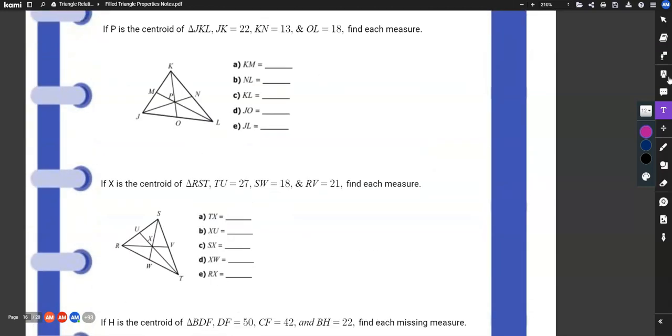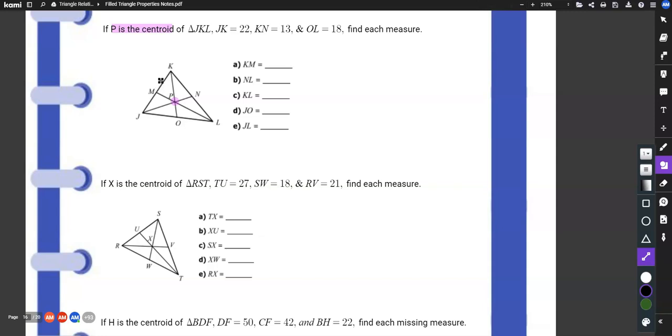If P is a centroid, so that's a very important piece of information, so let's go ahead and highlight that. JK is 22, KN is 13, and OL is 18. So the first thing we're going to do is mark our congruence tick marks. Because P is a centroid, that means that each of these segments that are intersecting here at P are medians, which further means that each of these is divided in half.